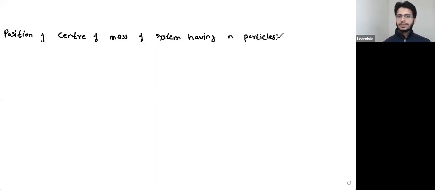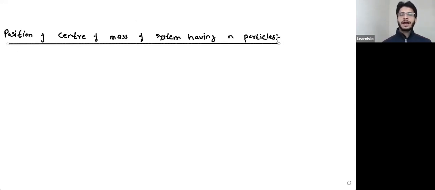So center of mass is just a point at which you can suppose that the entire mass of the system is concentrated. This is the point through which you can replace your entire system. Now, the first thing is, how would you calculate the position of center of mass? If you have a system having n particles, then how will you decide where the center of mass of the system is?